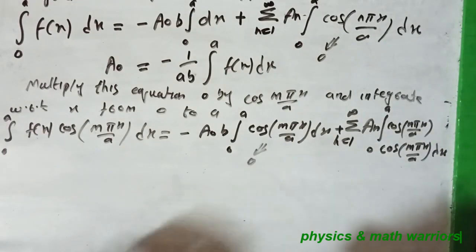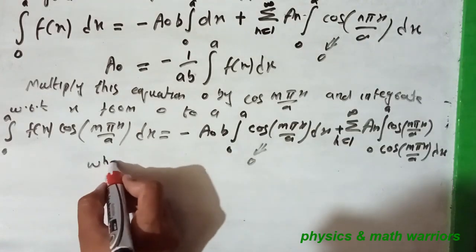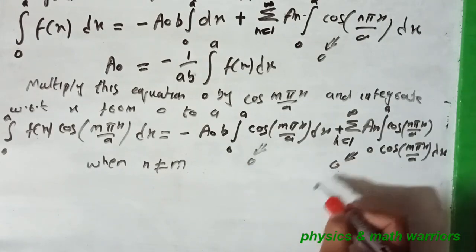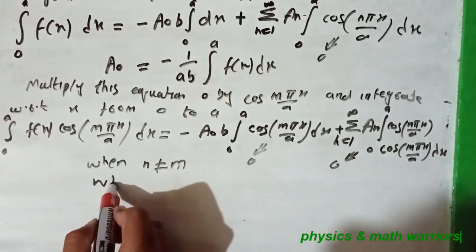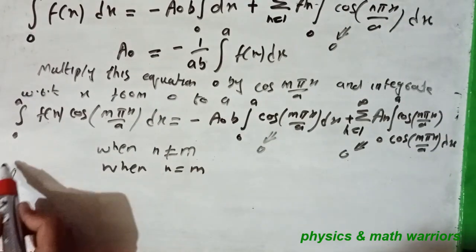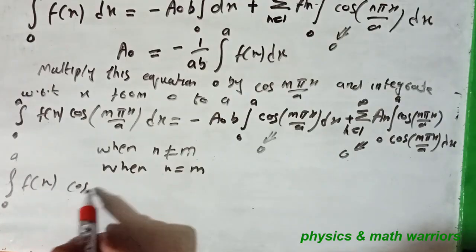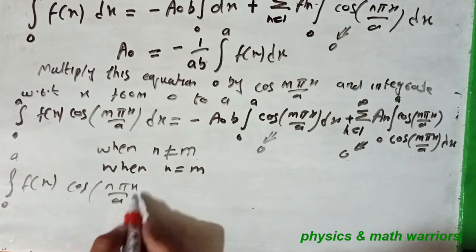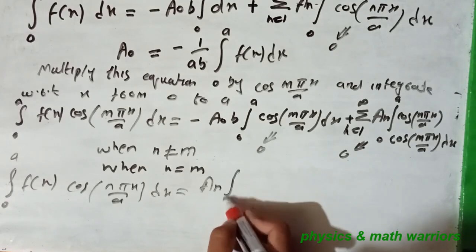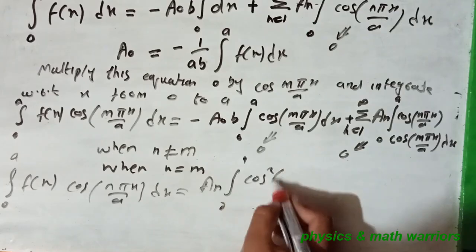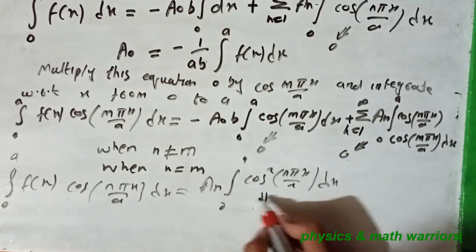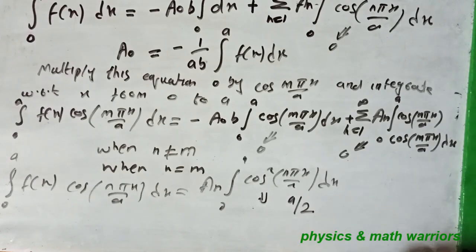This integral is equal to 0 when m is not equal to n, but when n is equal to m, then this becomes integral from 0 to a f of x cos n pi x over a dx is equal to an integral from 0 to a cos square n pi x over a dx, and this integral is equal to a by 2.